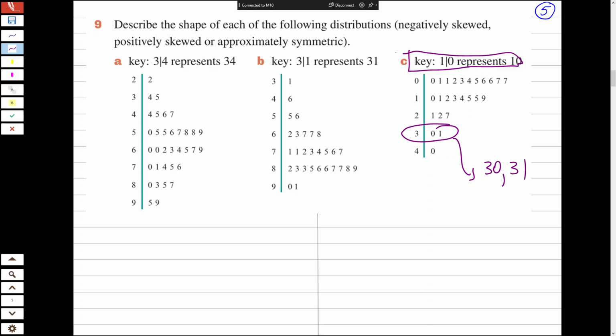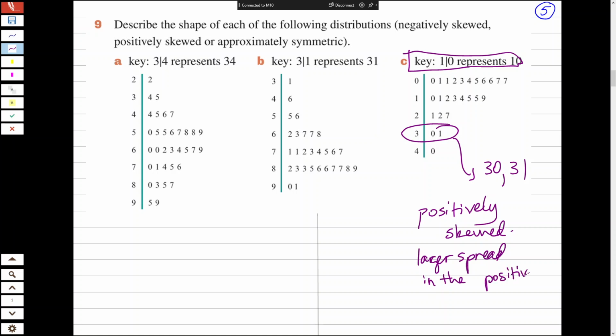It's more spread higher. Yes, very good. It's positively skewed because there's a larger spread in the positive direction, and a smaller spread here in the negative direction.